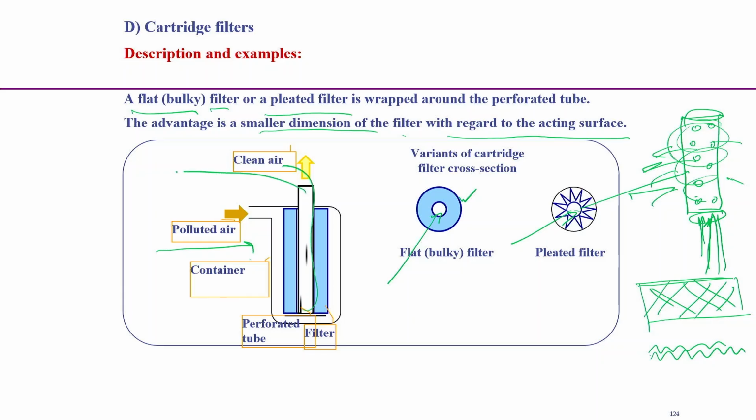So, this is the air outlet or air inlet, and it can also be reversed, but here for air filtration this is better because we can clean this filter from the outside, and this is the perforated tube and the filter is in the blue color. So, this principle is applied for cleaning the air in a very compact place.